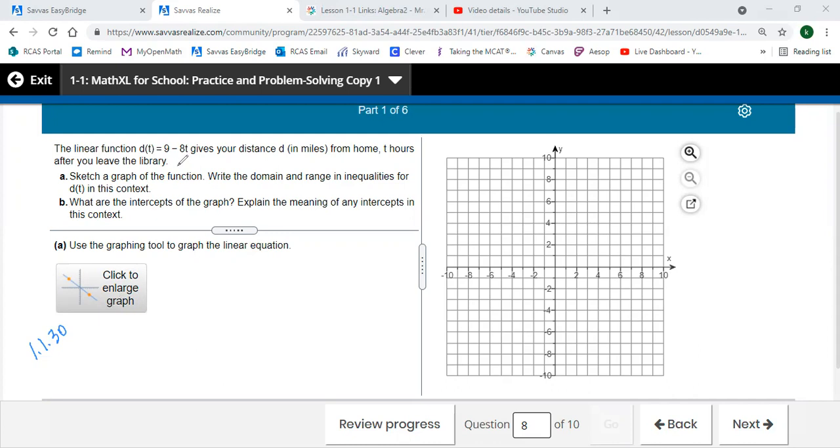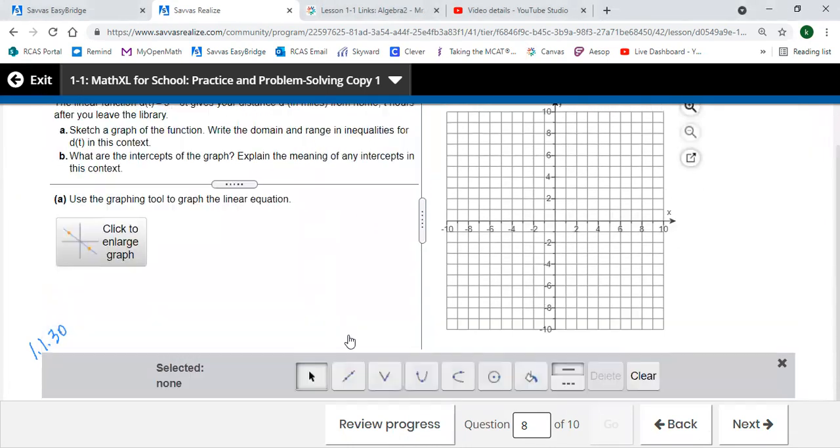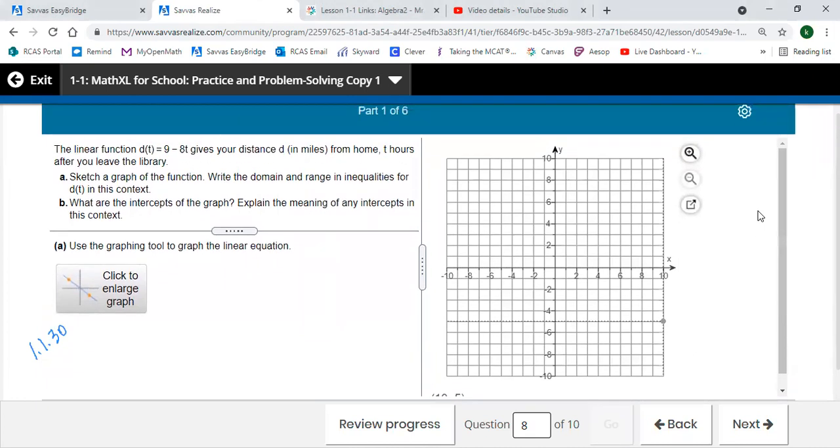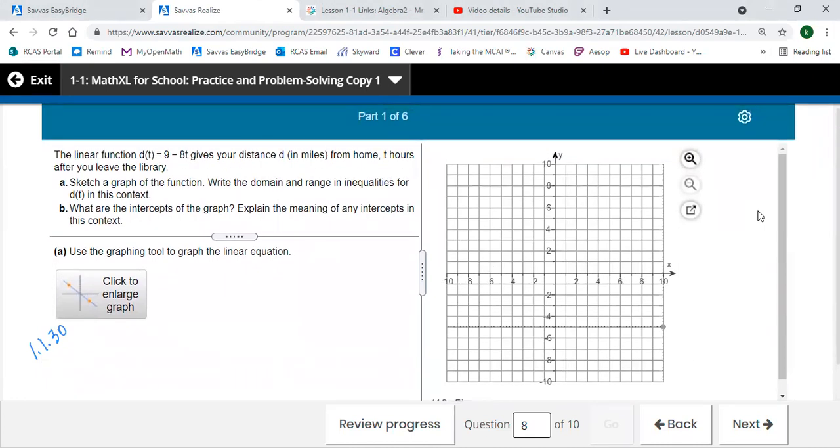And so if we look down here at the tools we have available, we have a line. And let's see. If I put in a 0 here for my time, which is the x, d miles, t.